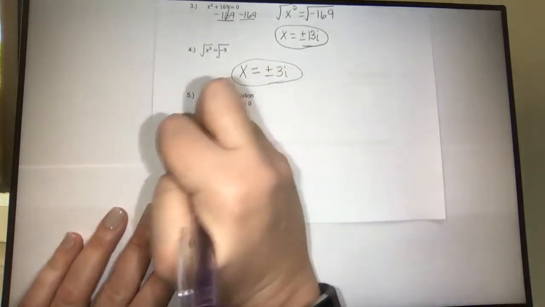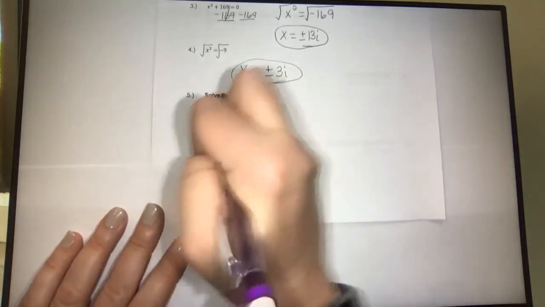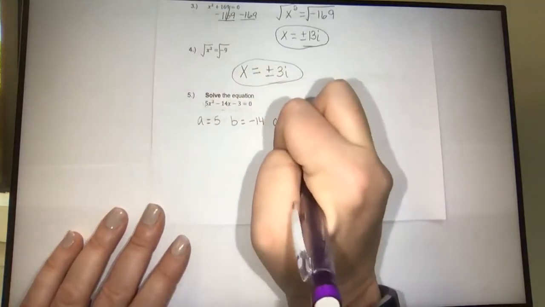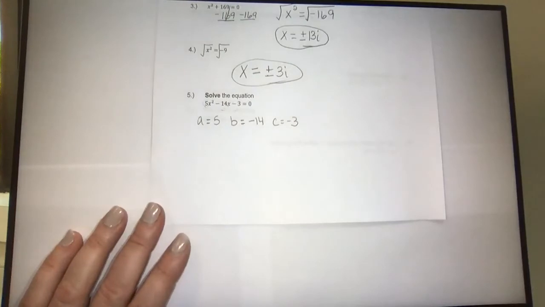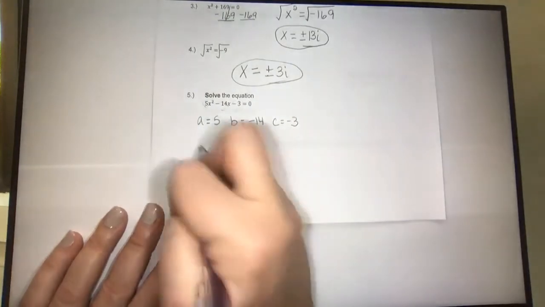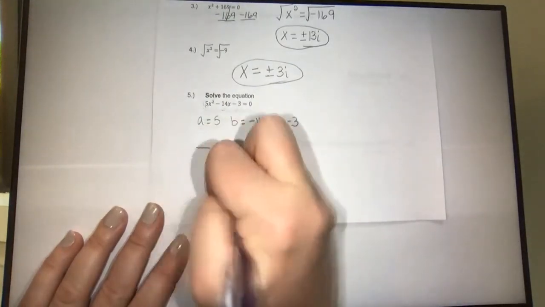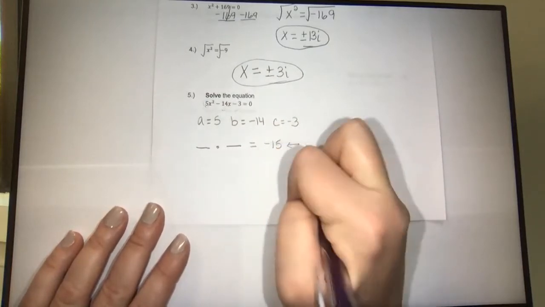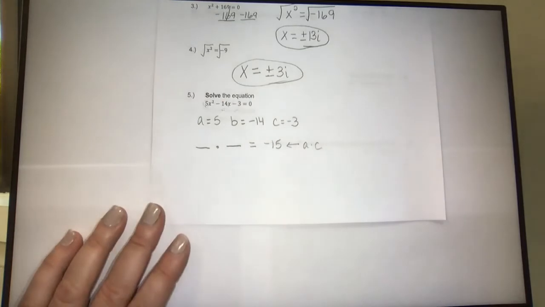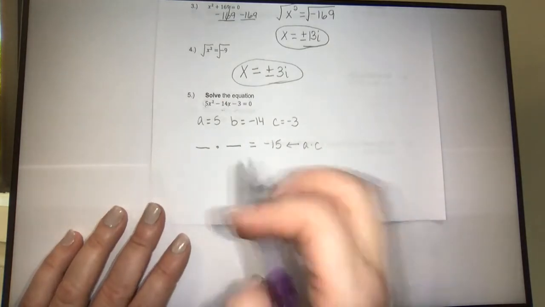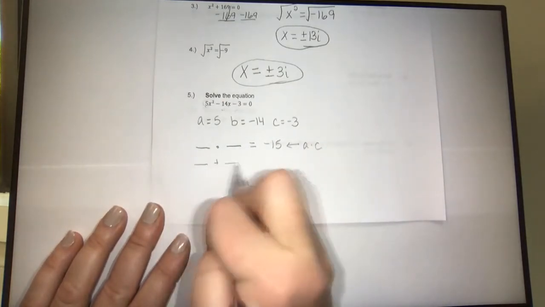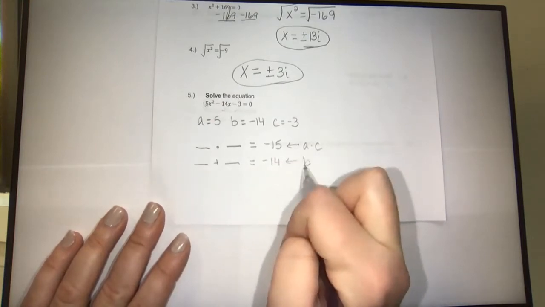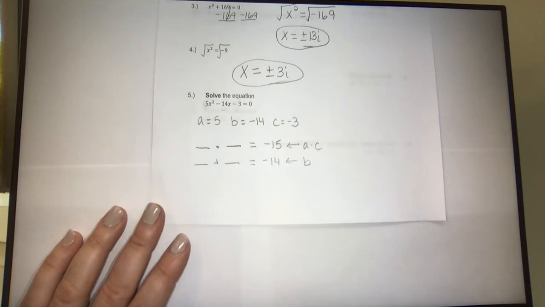Okay, that means I'm going to give my A, my B, and my C. All right, so remember, we want 2 numbers that multiply together to give us negative 15, because that is A times C. Okay, we want the same 2 numbers to add to give us B, which is a negative 14.